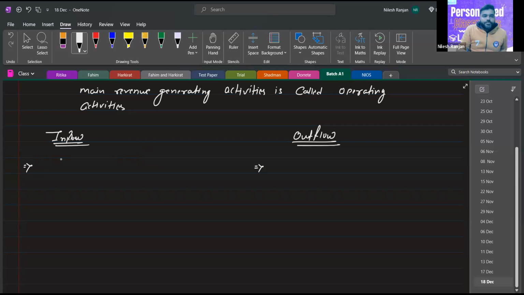Actually, yes, inflow. Now, what are the inflows under operating activities? First of all, cash sale, not credit sale, because it is not in cash. So cash sale, cash received from debtors.